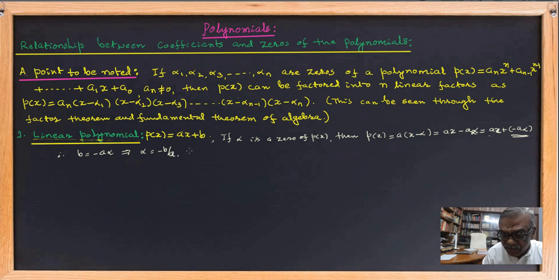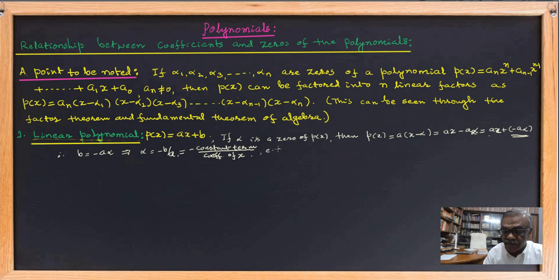In terms of words I can write this as minus the constant term divided by the coefficient of x. With the help of this, if you know the zero of the polynomial, you can find the linear polynomial.